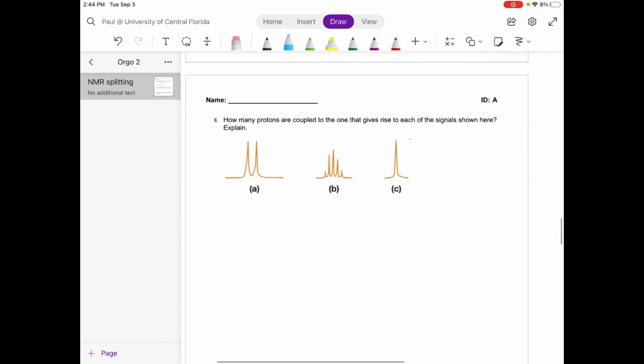So this one: how many protons are coupled to the one that gives rise to each of the signals below? We have to understand that if we have a doublet, that means you have a proton or group of protons adjacent to a carbon that has only 1 proton.